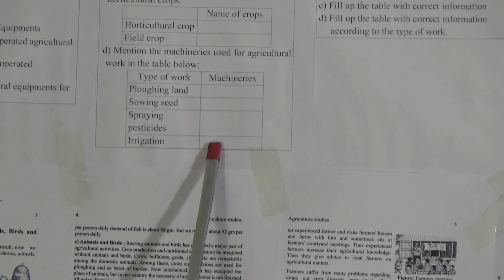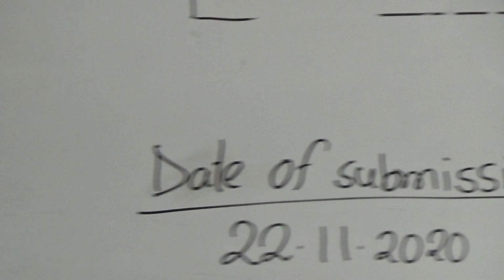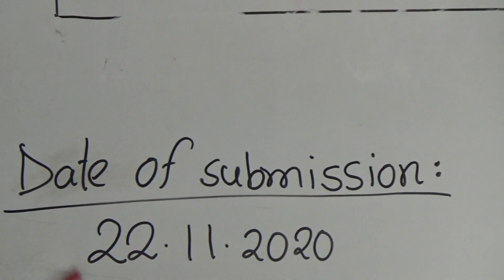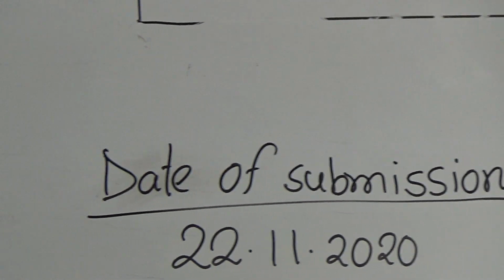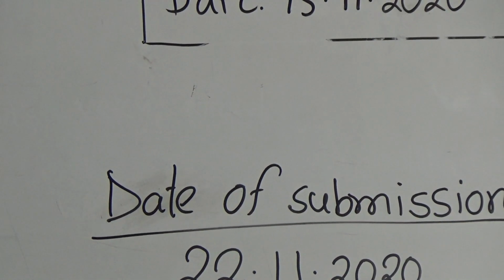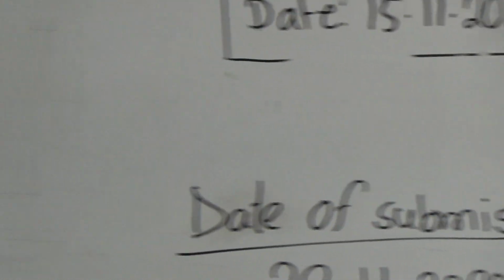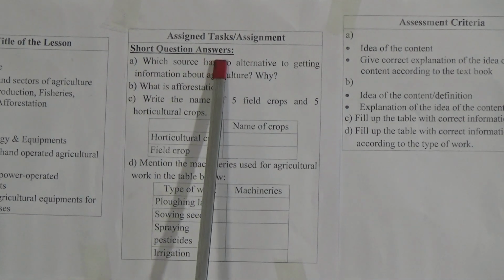Okay students, and your last date of submission is 22nd November. You have to submit your first assignment. So students, just one second, I am telling you that your assigned task is short question answer.